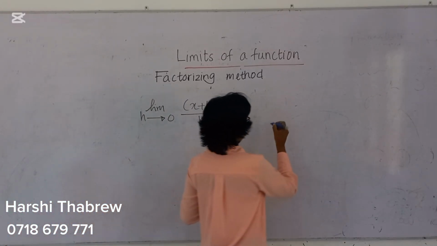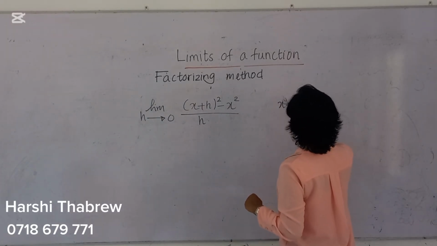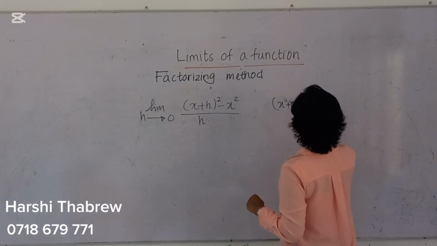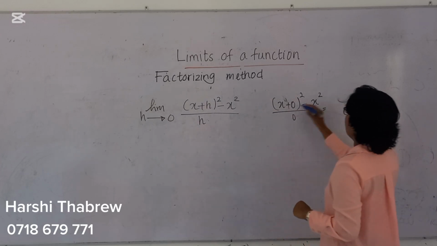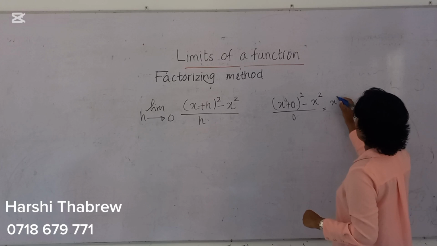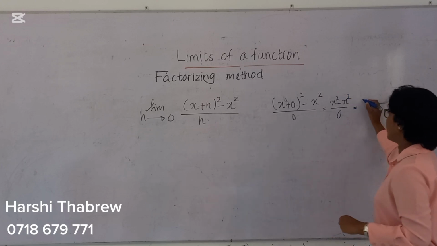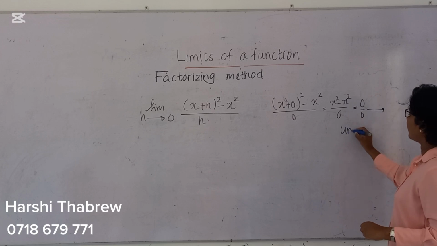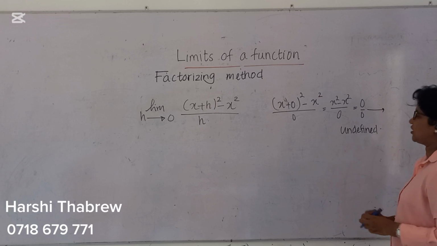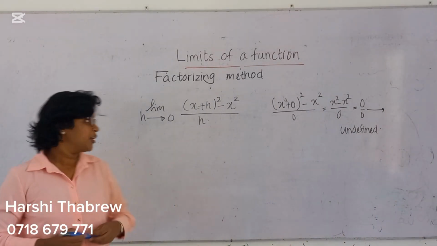What happens? x plus 0 squared minus x squared over 0. Then you have x squared minus x squared as the numerator, and the denominator is 0, so 0 over 0. It is undefined. It is not defined. So, what can we do for it?